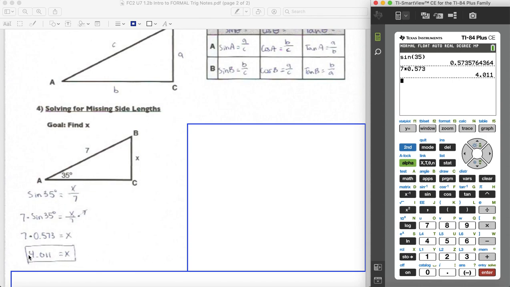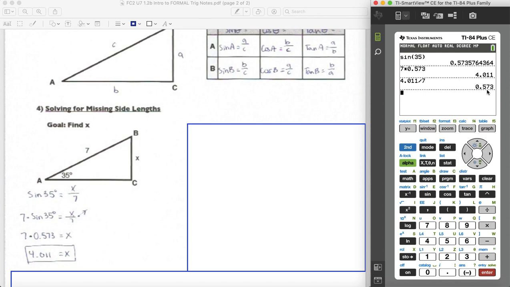What is x? x is 4.011. Divide that by the hypotenuse, so opposite over hypotenuse, divided by 7, and I should get something, again, I rounded a bit, so I should get a number relatively close to 0.573. And actually get exactly 0.573. 4.011 divided by 7 equals 0.573.